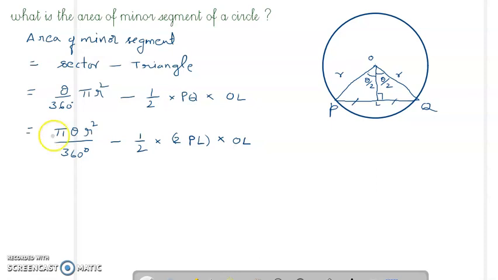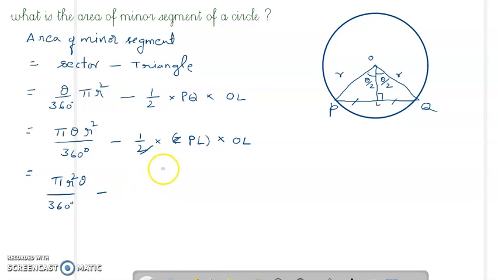So we will do one more thing here. That equals pi r square theta upon 360 degrees minus half into, you can cancel 2 and 2, so you are having only PL.